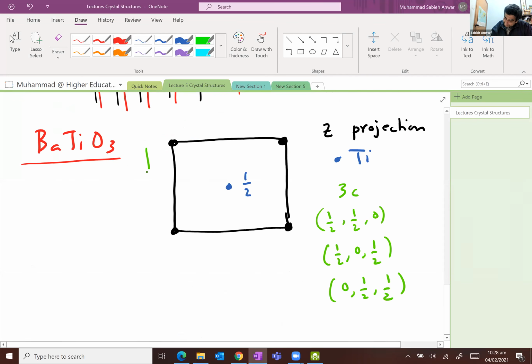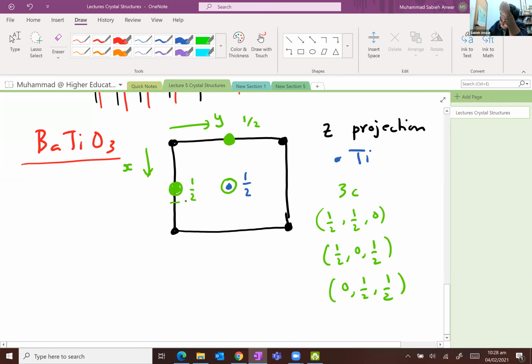So this is my x-axis, this is my y-axis. I have an oxygen atom at half half 0, so I need an oxygen atom here at elevation 0. I need an oxygen atom here at an elevation half, and I need an oxygen atom here at an elevation 1/2.